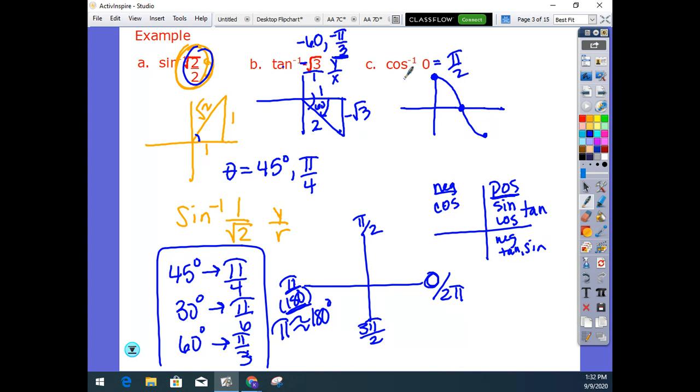So think of it, this is 0, 1. This is pi over 2, 0. And this is pi, negative 1. We'll go over this a little bit more in a second. But the inverse means you're looking at what y value is 0, and the answer is the x. So be really careful about that.